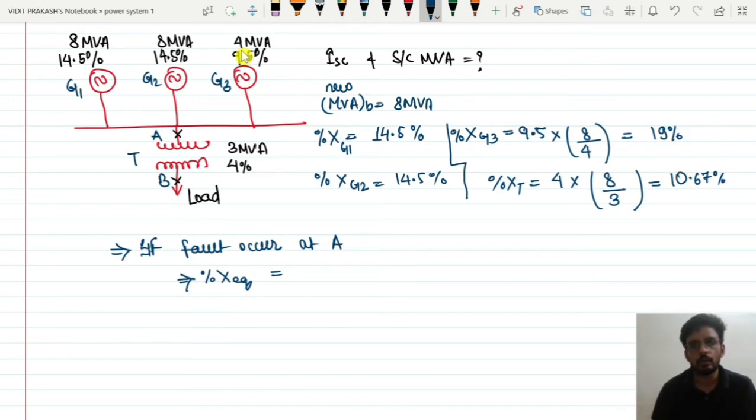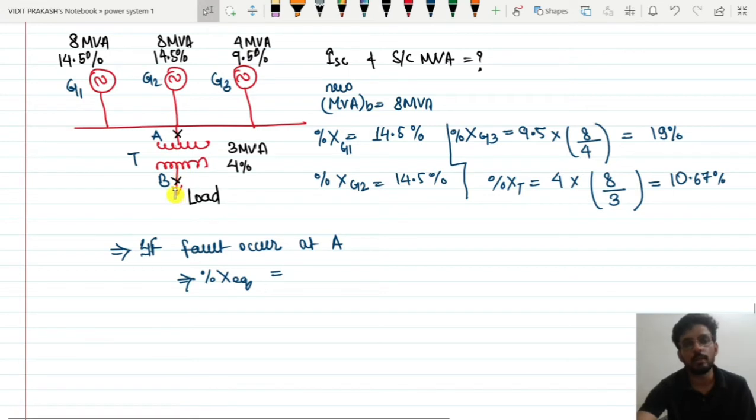And if a fault occurs at B, then this is a problem for all the generators as well as the transformer. So if a fault occurs at any point, then all the equipment which is connected to the generating side will suffer.